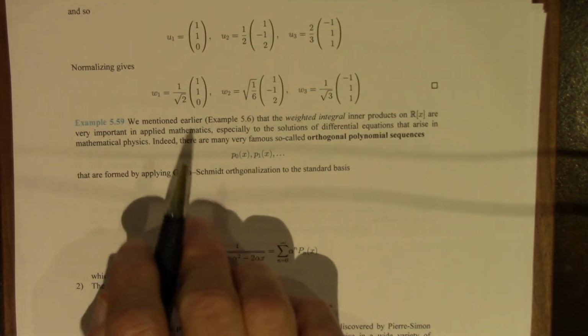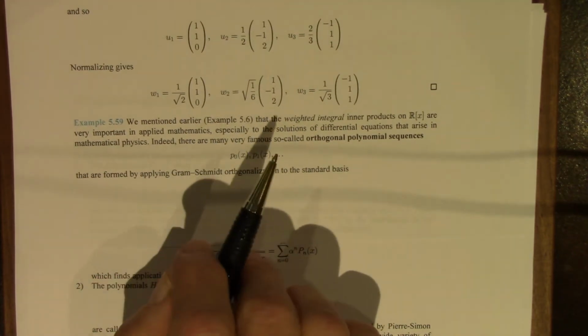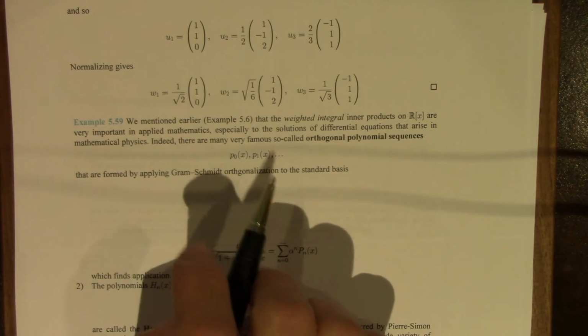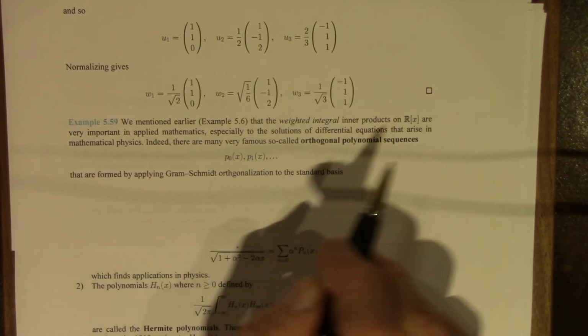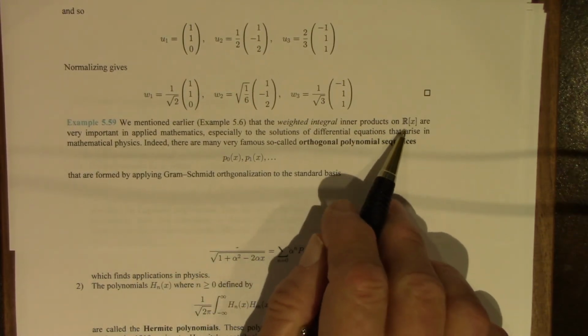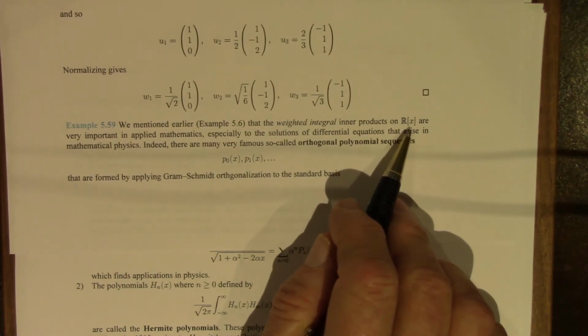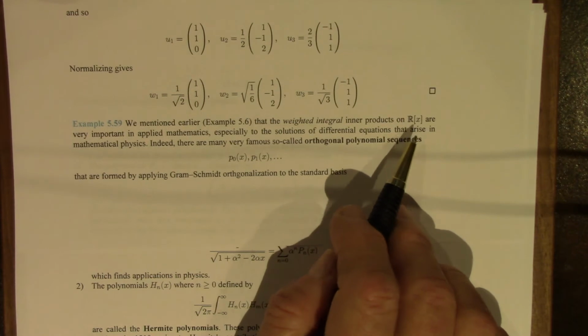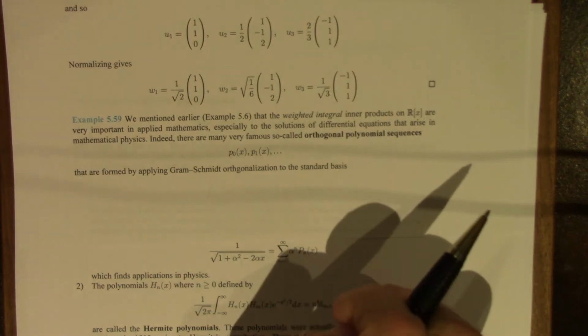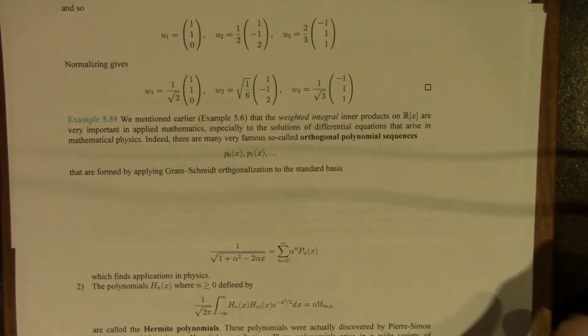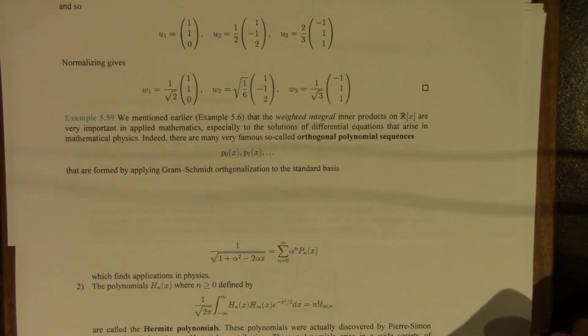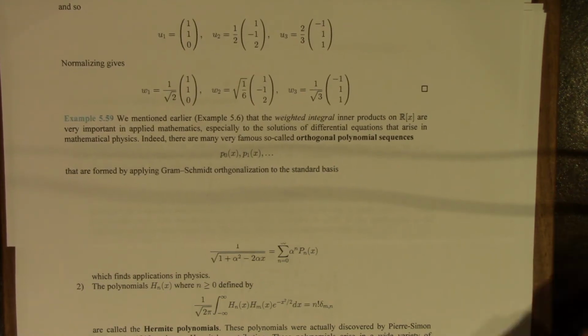We mentioned earlier that the weighted integral inner products on the polynomial space, these are the real polynomials, are very important in applied mathematics, especially to the solutions of differential equations that arise in mathematical physics.